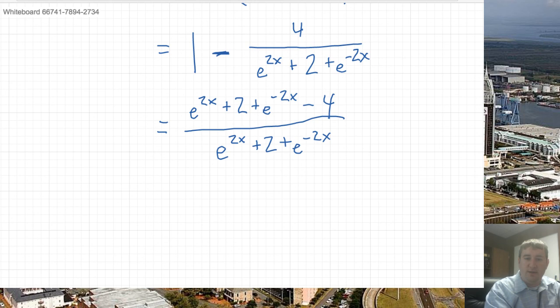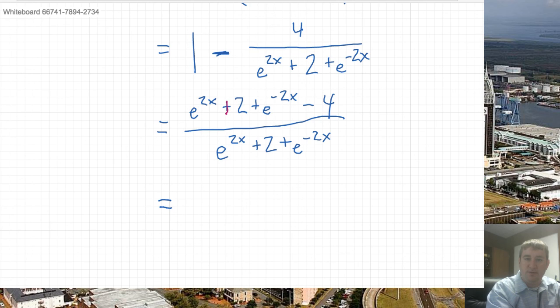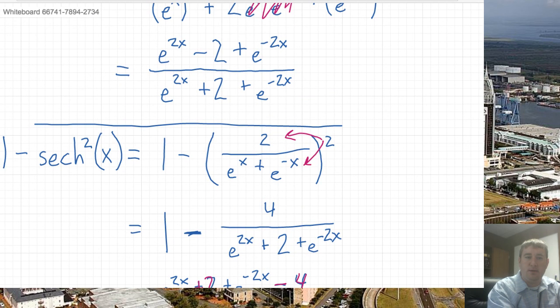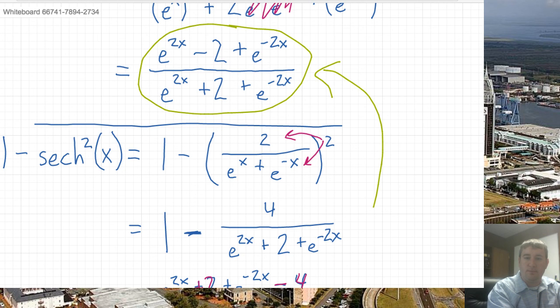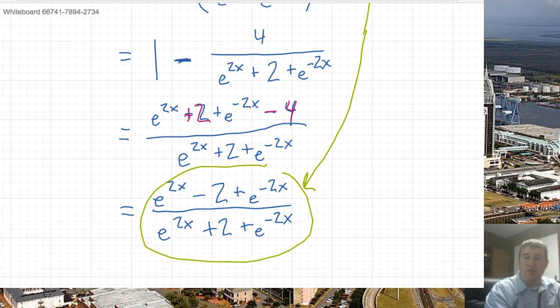And then finally, I can take the plus 2 minus 4, that's just negative 2. And that gets me e to the 2x minus 2 plus e to the negative 2x all over e to the 2x plus 2 plus e to the negative 2x. And sure enough, that's exactly the same thing as what I got before. So they are equal, and that finishes the proof.